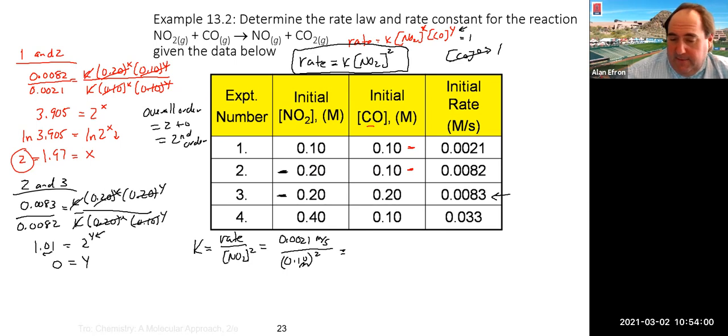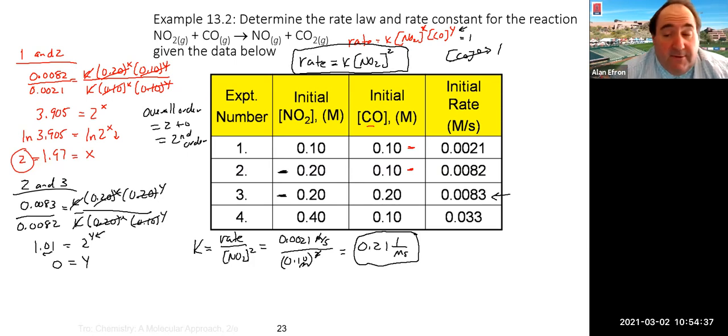And that will end up with there, you go, 0.0021. Looks like 0.21, and that would be units of a molarity up on top, and one of the molarities will cancel, 1 over molar seconds. Any questions on that?